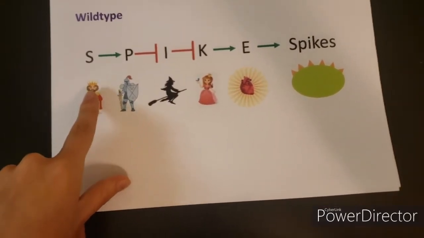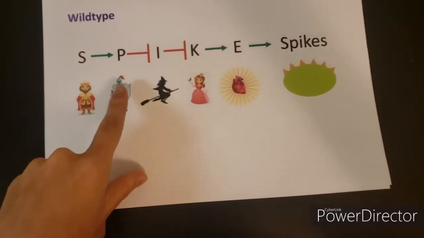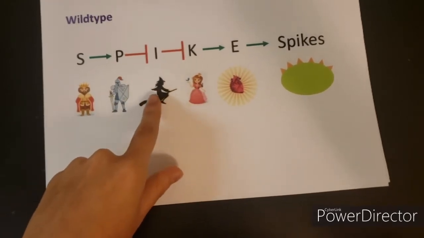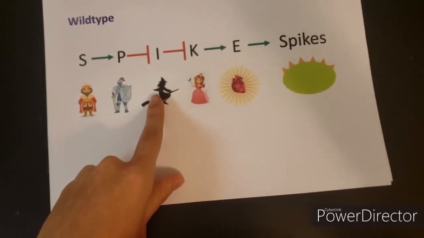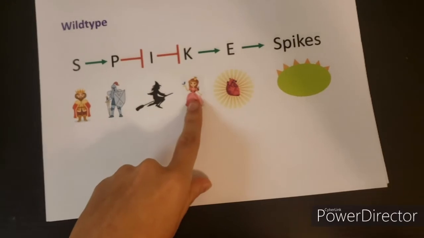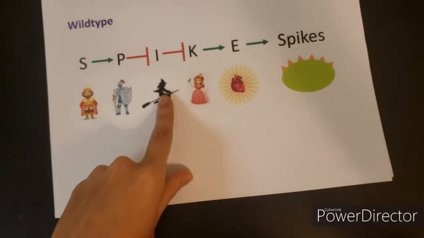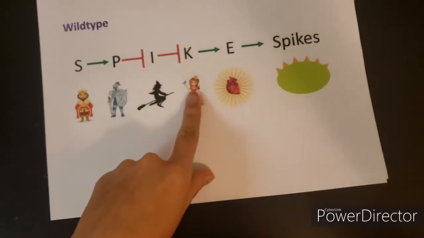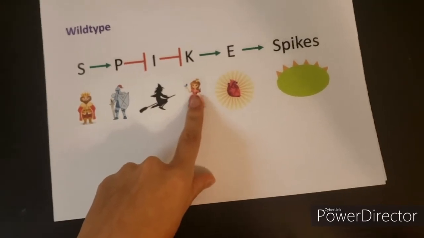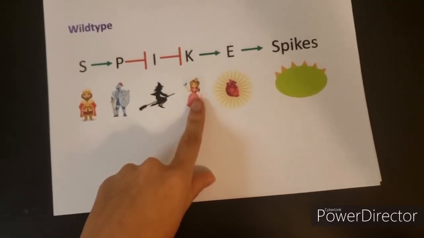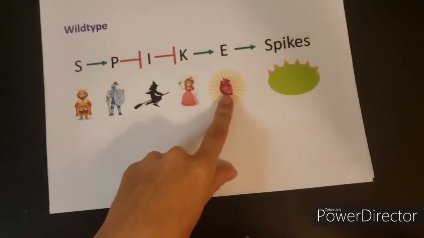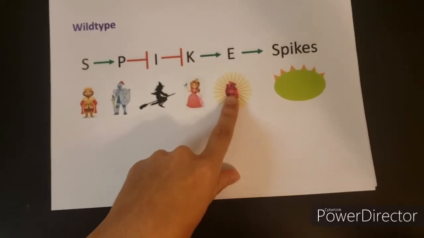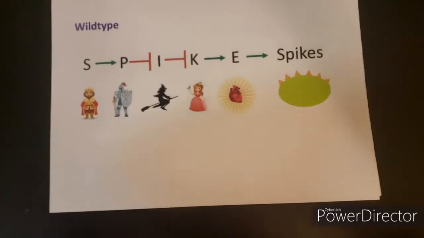And the wild type is the king activates the knight, which inhibits the evil witch, which in turn wants to inhibit the princess. So if we inhibit the witch, she won't exist, the princess can't exist, and the princess will give her kindness, creating a strong dragon heart, and in turn create spikes.